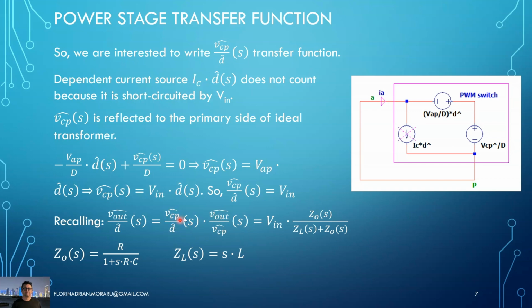VCP over D of S, we just saw, is the input voltage. And the other one, V out over VCP of S, is just the ratio of the impedances we defined. Here the two impedances are expressed.